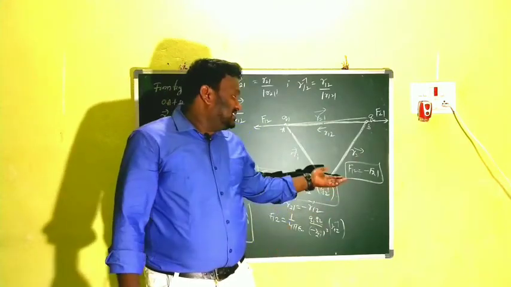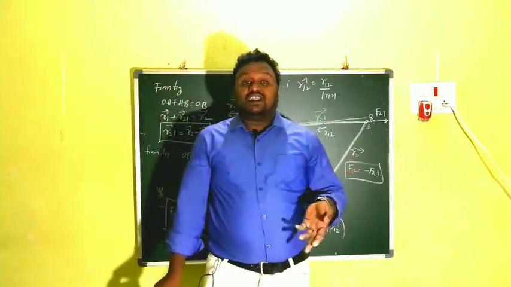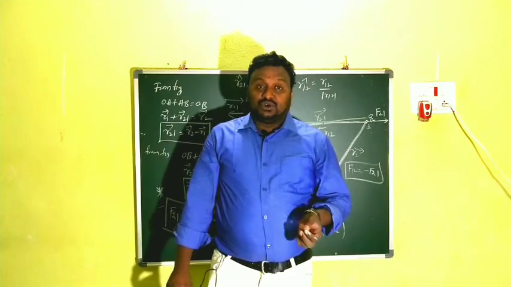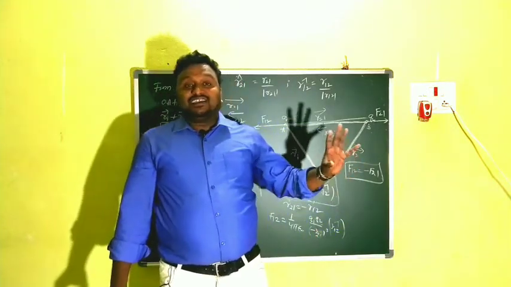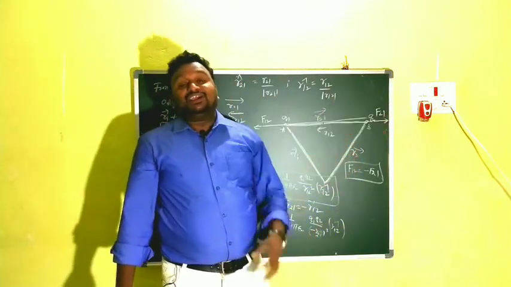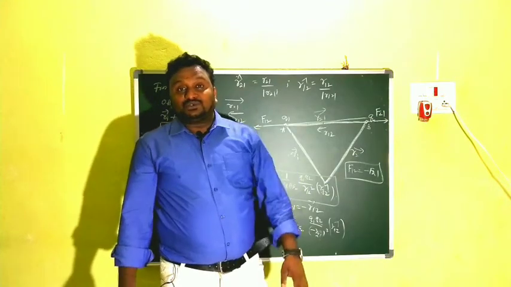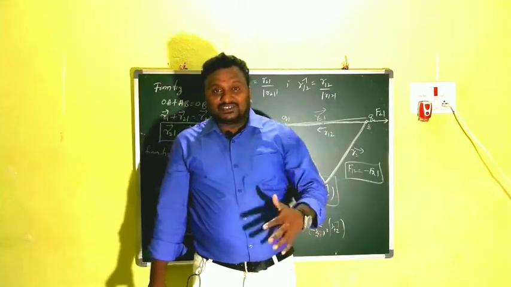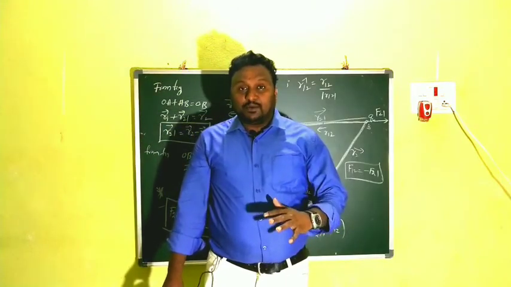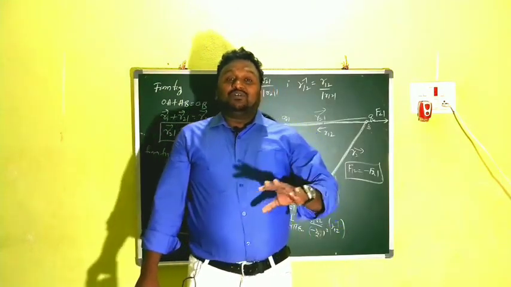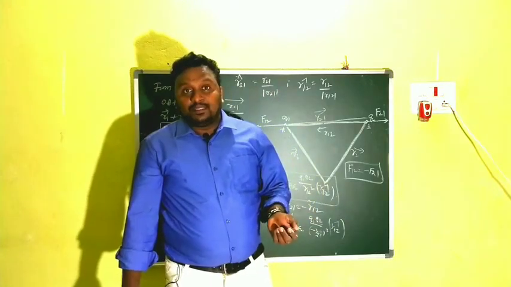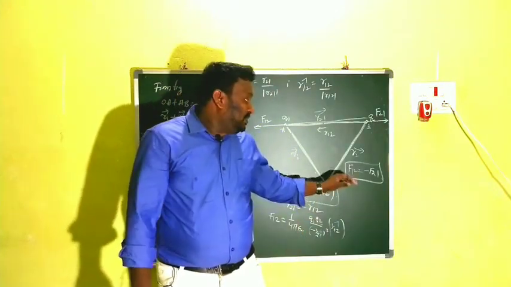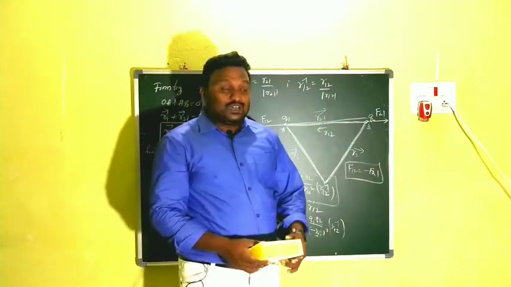This is nothing but Newton's third law of motion. So Coulomb's inverse square law is applicable to Newton's third law also. Newton's third law is verified in the case of Coulomb's inverse square law too. Got my point, children? In this case F12 is equal to minus F21.